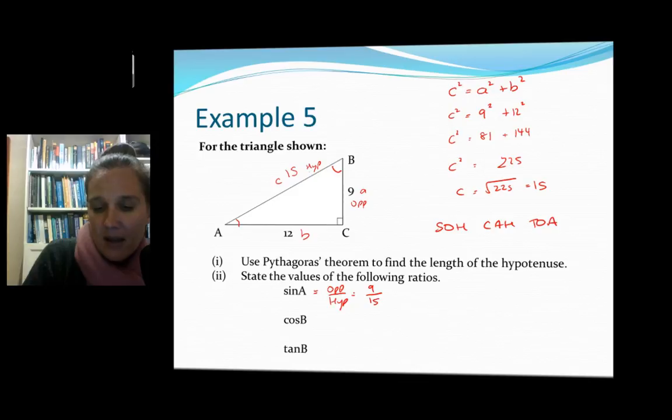Our hypotenuse stays the same, and this side here becomes our adjacent, so adjacent divided by hypotenuse is also 9 on 15. So we notice that the sine of angle A is equal to the cosine of angle B. And our tangent of angle B: here's our opposite and our adjacent, so opposite divided by adjacent gives us 12 over 9.